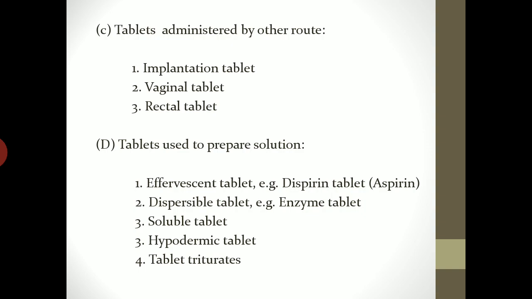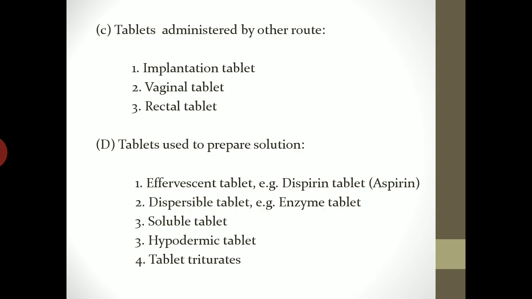Next tablet in this category is dispersible tablet, also called dispensing tablet. As the name suggests, a dispersion will be formed when the tablet is placed in a glass full of water.